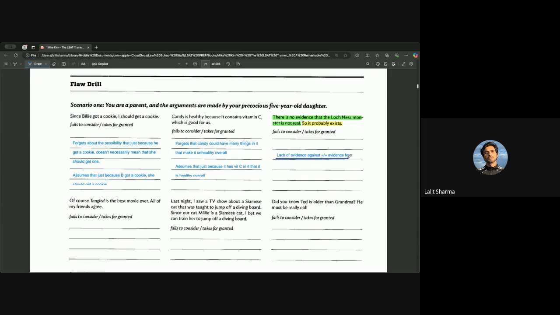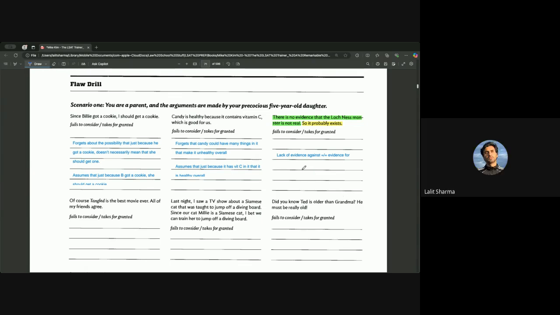Do you see how this applies to this argument? Are you saying evidence for is not enough for it to exist?